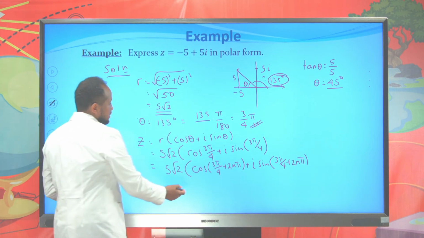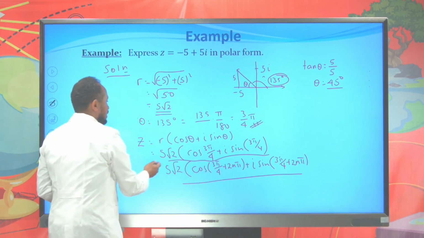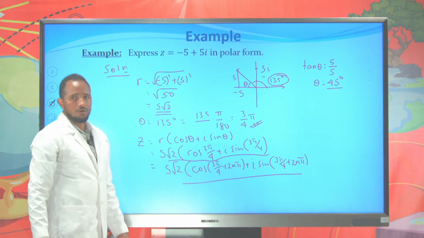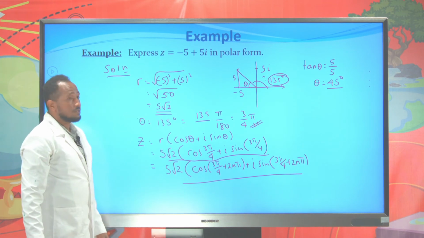Therefore, this is the polar form. I can use this one or this one. These are the polar representations of the complex number z equal to negative 5 plus 5i.